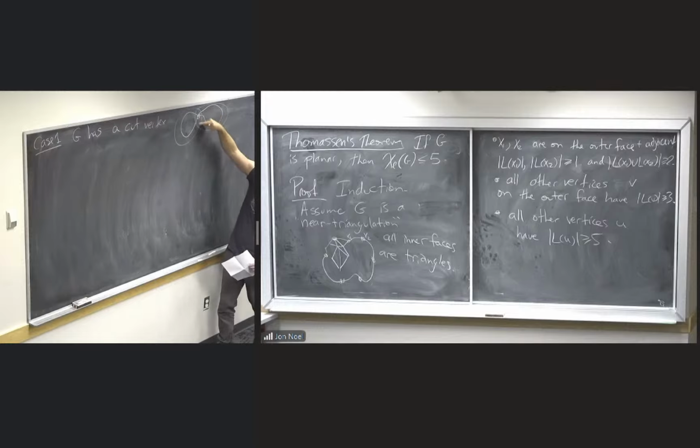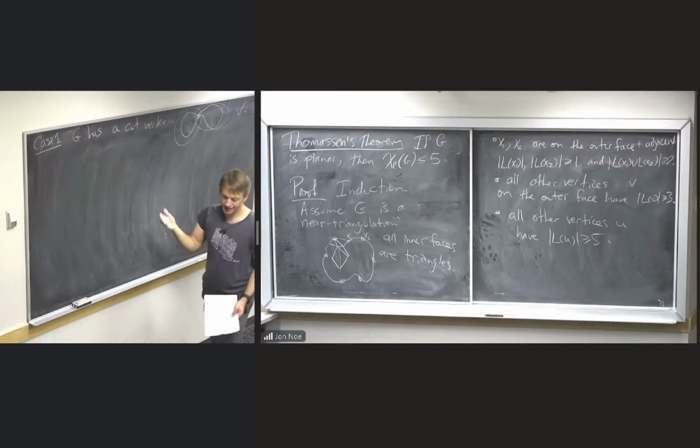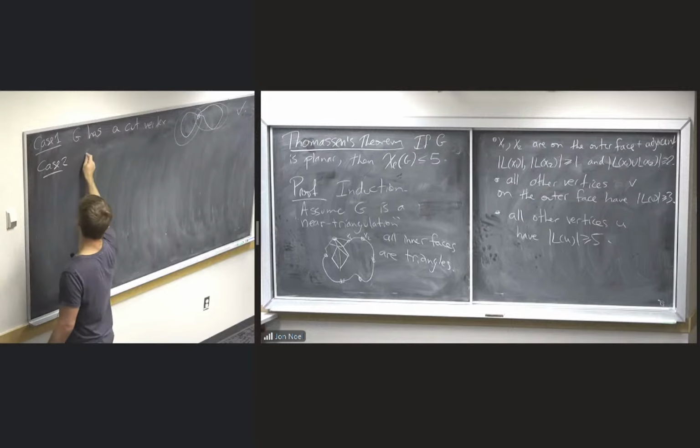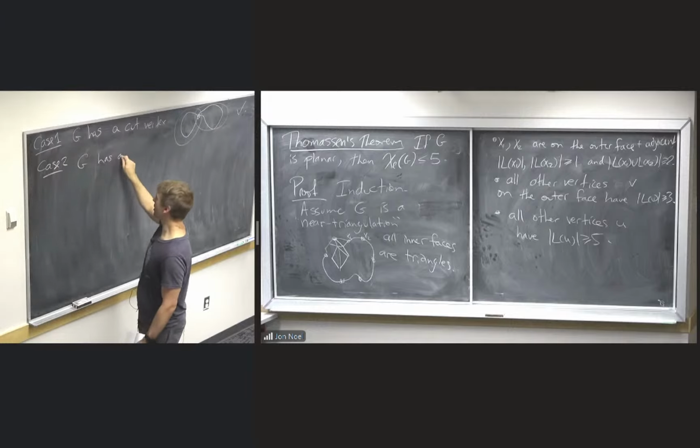Then when I go to color the other side, as long as my x1 and x2 were on the first side, I can make that vertex my new x1 or something, and I can color this side by induction. So that's okay. I guess maybe there's a case 0 where it's disconnected, but then I just do the components separately. That's also okay. Case 2: G has a chord.